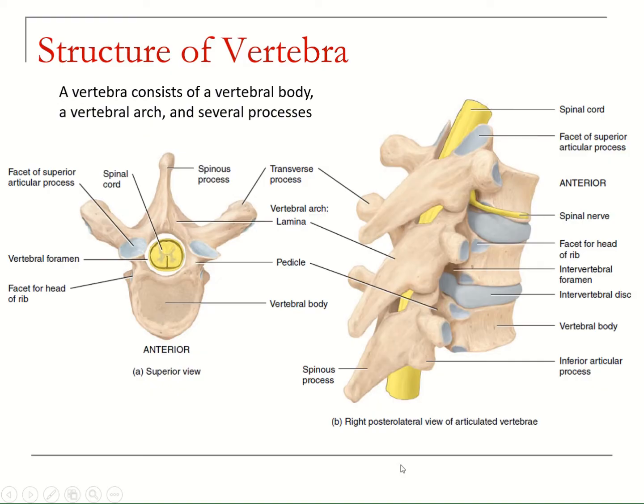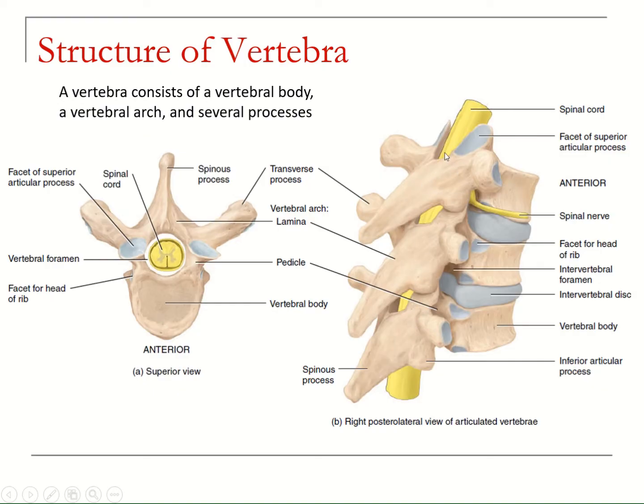So this is a right posterolateral view of the articulated vertebrae. So we have 1 vertebra, the 2nd vertebra, and 3rd vertebra. Okay, so this is the body, and then the vertebral arch will be here, and then the processes will extend from the arch. From the arch, it will have several holes, the vertebral foramen, and the foramina, once they connect to one another, will form a canal.